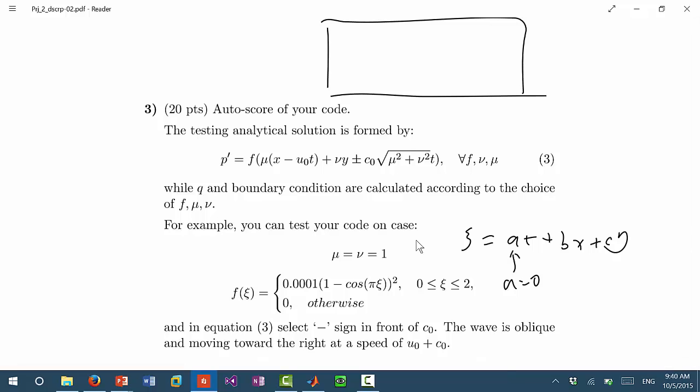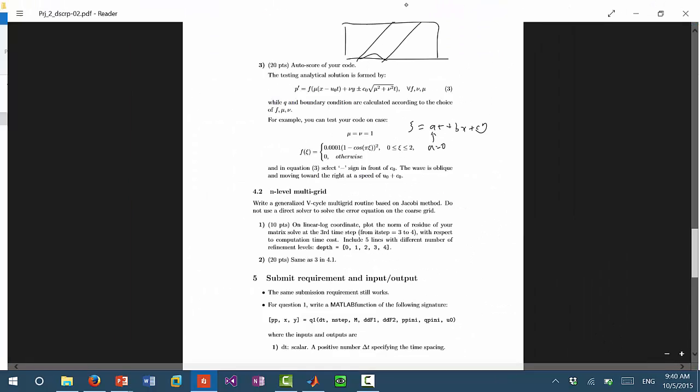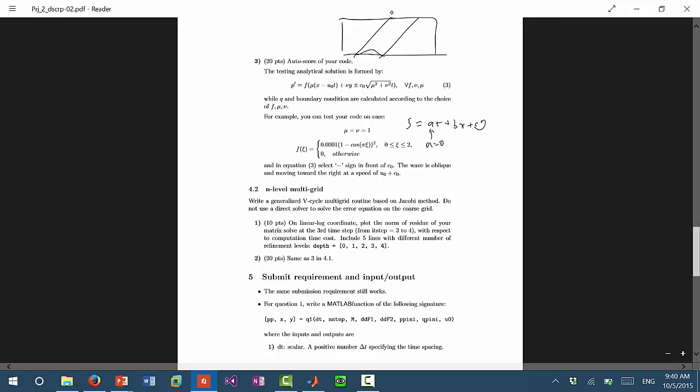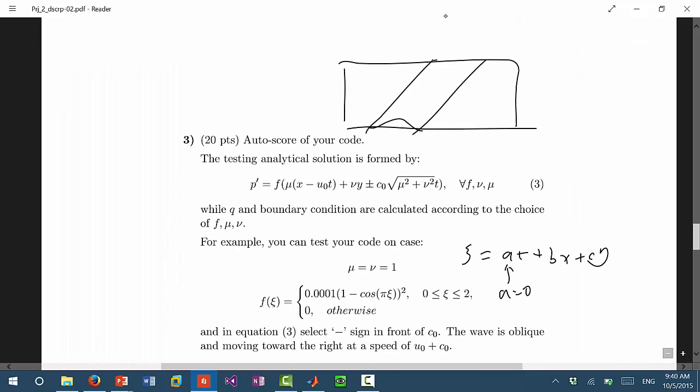First of all, that analytical solution only happens when you have a U0 that is greater than 1. So you're going to have a stationary wave with a bump both at the top and at the bottom. Okay.